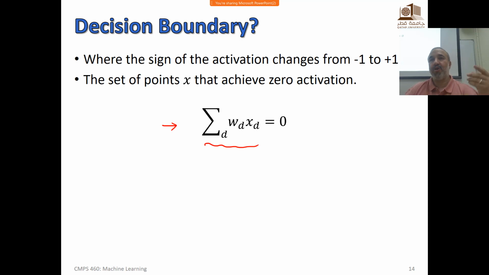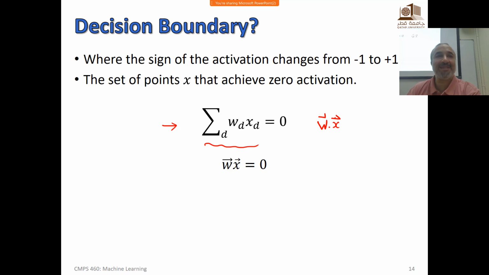This is like the dot product between these two vectors, W dot product with X, right? Do you remember from linear algebra what's the dot product between two vectors? It's multiplying each pair of values in each dimension and summing them, right? That's the dot product. So we can see this as a dot product between two vectors, W and X.